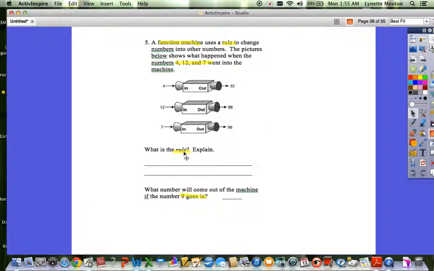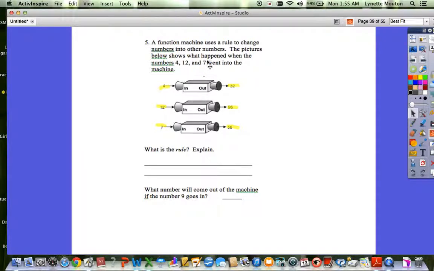They want to know what the rule is. And then, of course, they extend the question to ask you what happens if a 9 goes in there. And sometimes they will do that. So be careful. Remember, with the type-in answers now, these questions can become more than just finding a multiple choice answer. So if it's a TEI, you'll actually have to type in the answer.